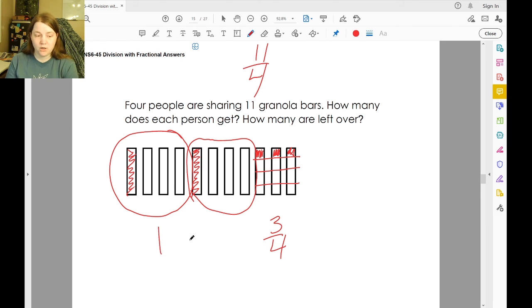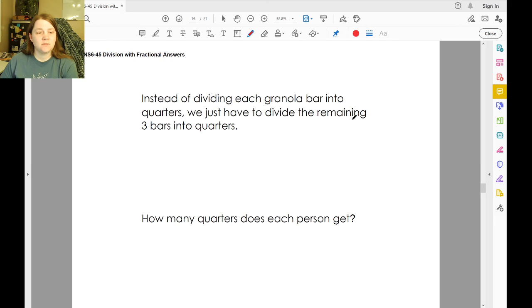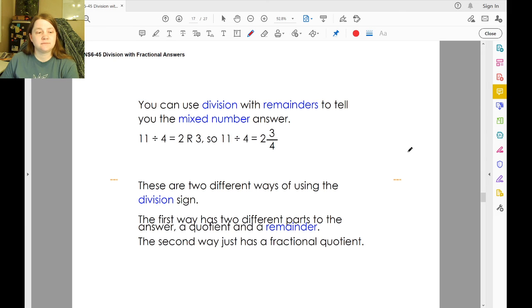So that's 1 whole, 3 fourths. 1 plus 1 plus 3 fourths is 2 3 fourths. Or 11 fourths is the same as 2 3 fourths. Instead of dividing each granola bar into quarters, we just had to divide the remaining 3.